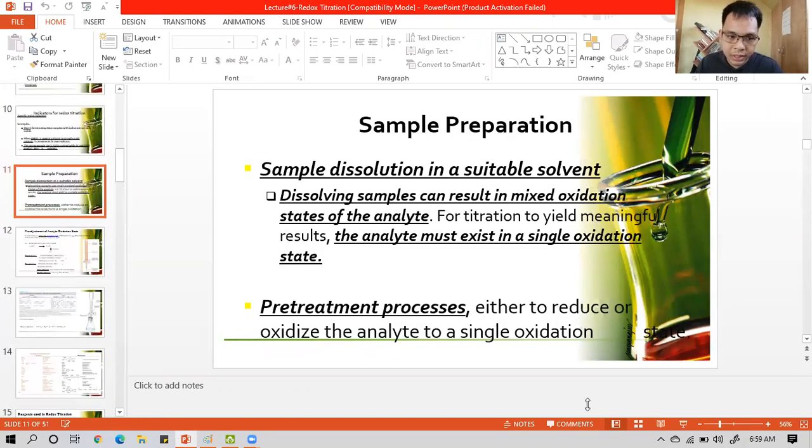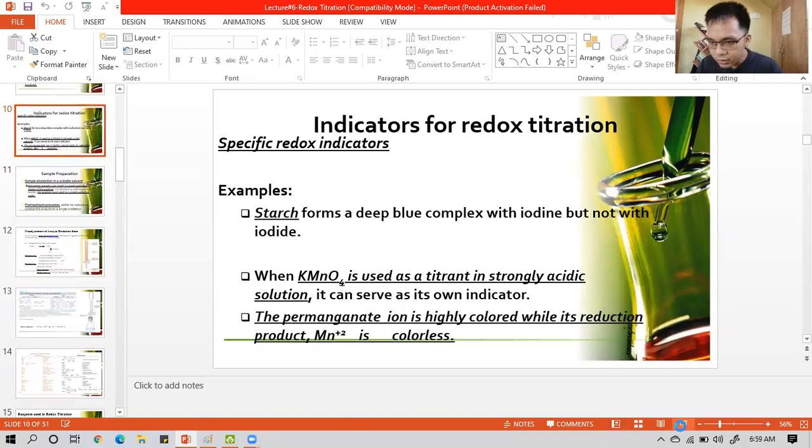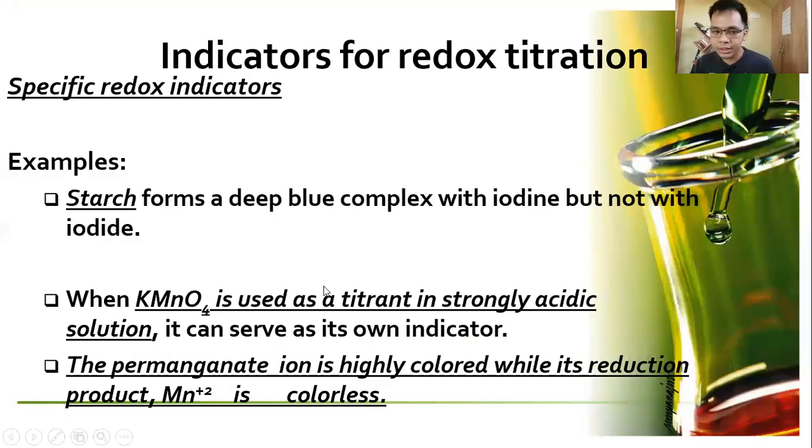Pero punta muna tayo dito. The indicator used in redox titration usually is starch, which is used in iodometric titration, which is a type of oxidation reagent. And then the other one here is potassium permanganate. Potassium permanganate is an indicator itself because it is a strong oxidizing agent.